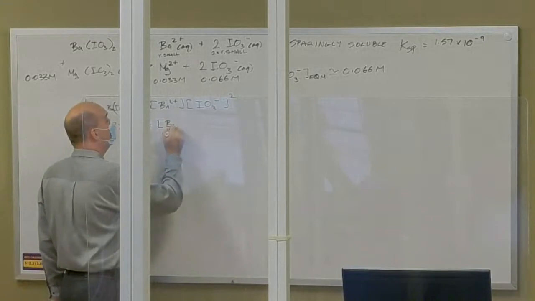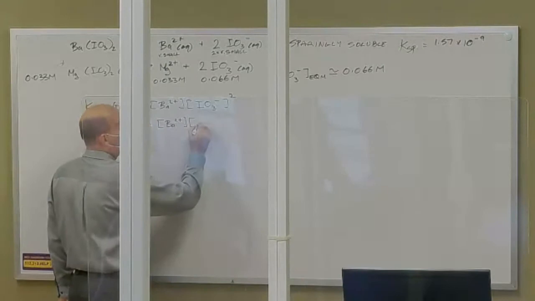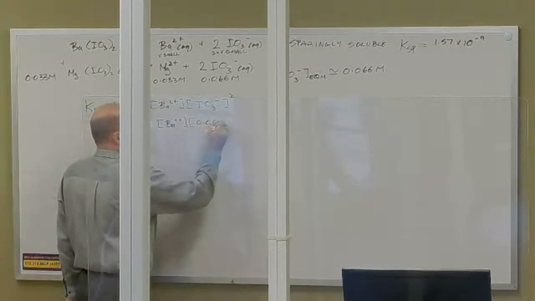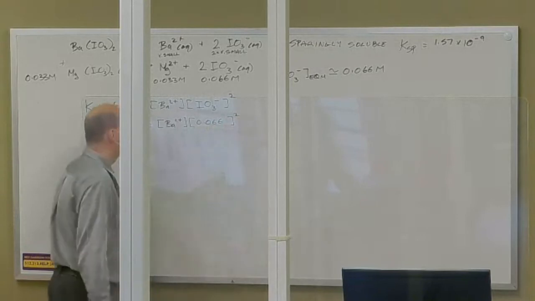I don't know what my barium concentration at equilibrium is, but I do know that that number right there is 0.066 moles per liter. I'm going to square it.